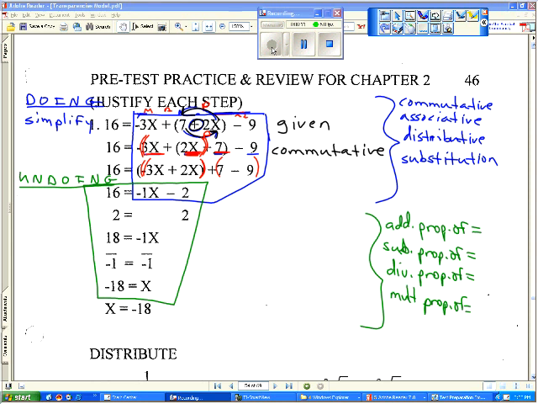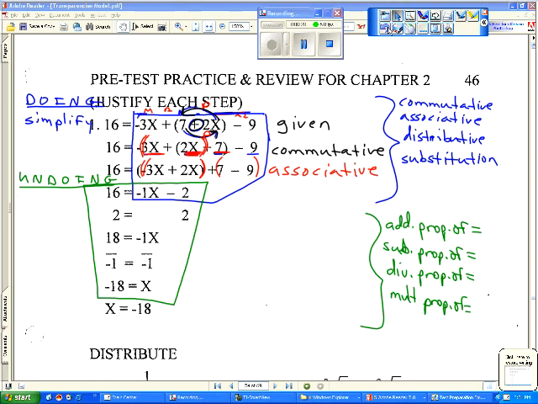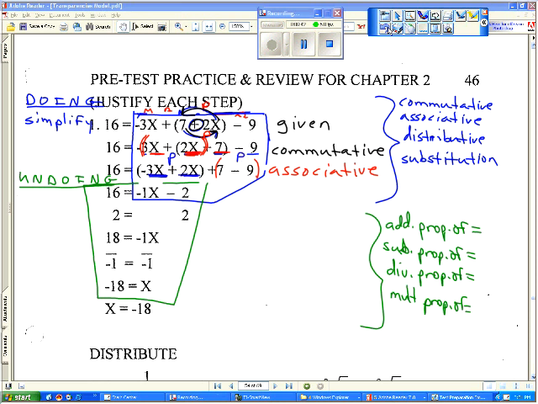The property that allows me to shift my parenthesis or to regroup is called the associative property. By using the commutative and associative properties of equality, I now have my like terms grouped together in a grouping symbol, so that when I ask, can I now do what's in parentheses, the answer is yes. We can do what's in the parentheses because we have like terms.